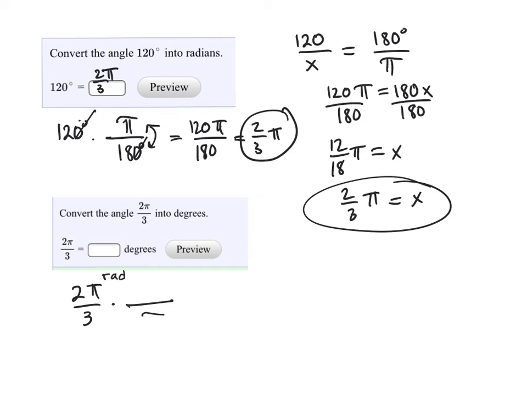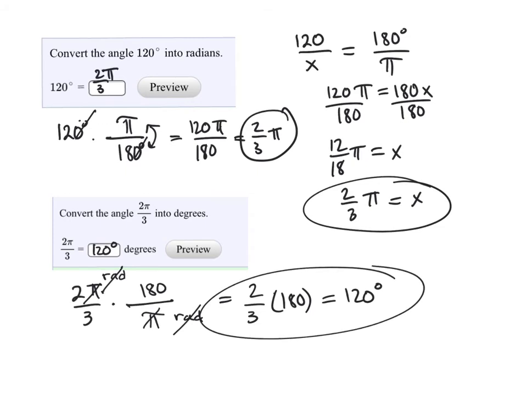So I know that I'm going to put pi radians below and 180 degrees above. And because the radians are above and below, they end up canceling along with the pi, of course. And then I end up with 2/3 of 180 degrees, which is 120 degrees. Look at that. So 120 degrees is our answer.